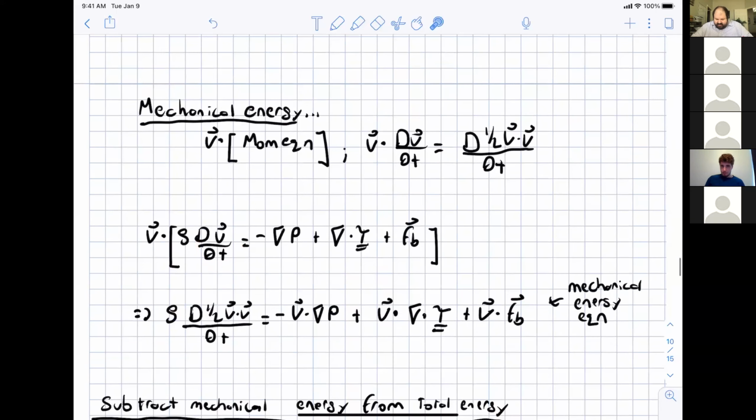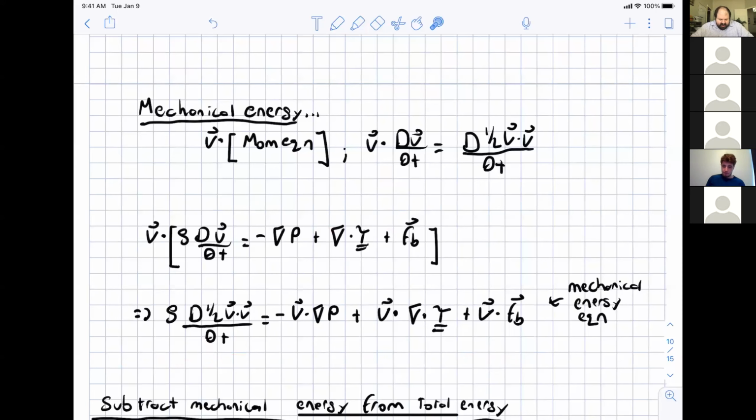There are no other super fancy tricks that I can do for any of the terms, so I simply have v dot grad p, v dot the divergence of the stress tensor, and v dot the body forces. If I do that, I wind up with this equation here, which is the mechanical energy equation.